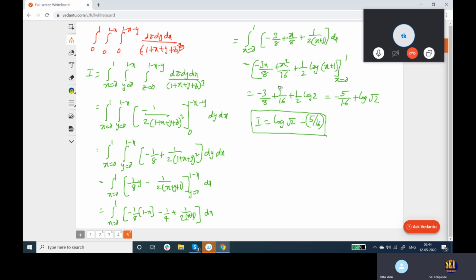Got the point? So this is okay, minus 5 by 16. But half log 2, what you can do? Log 2 power square root 2 you can write it because 2 power half. 2 power half in the sense of square root 2. That is the way log square root 2 we taken. Yeah, this small confusion I got. Yes.